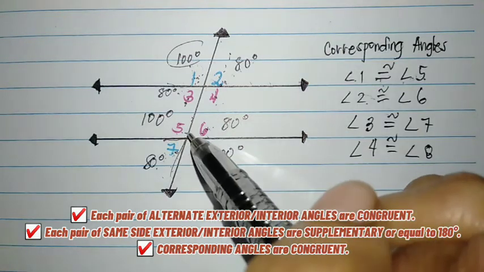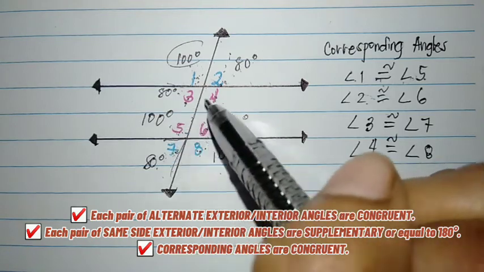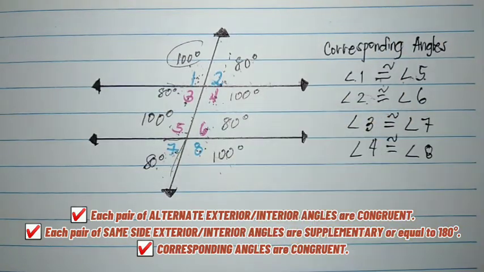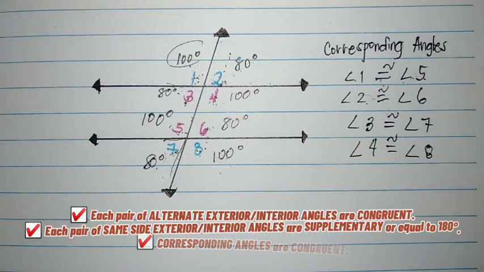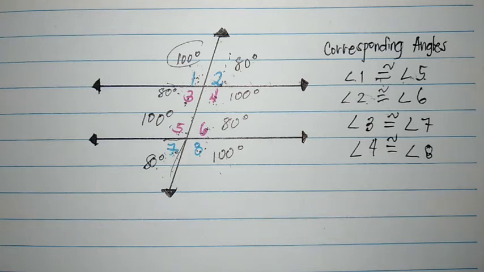And since ang ka-alternate interior angles ni angle 5 is si 4, therefore, angle 4 is 100 degree. Okay? Ganun lang kasimple. I-apply lang natin yung conditions, kahit alin sa kanila gamitin nyo as long as makuha nyo yung measurements ng hinahanap natin. Ganun lang sila kasimple.